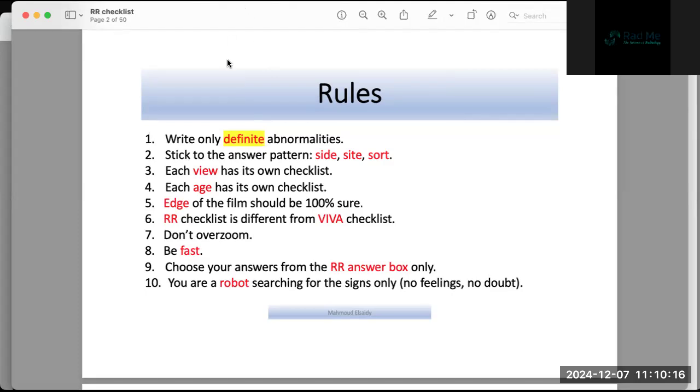So now you probably make some overcalls. You care only about the numbers when you are overshooting or undershooting. But in the normal range, I think don't care much about the number of the abnormalities.